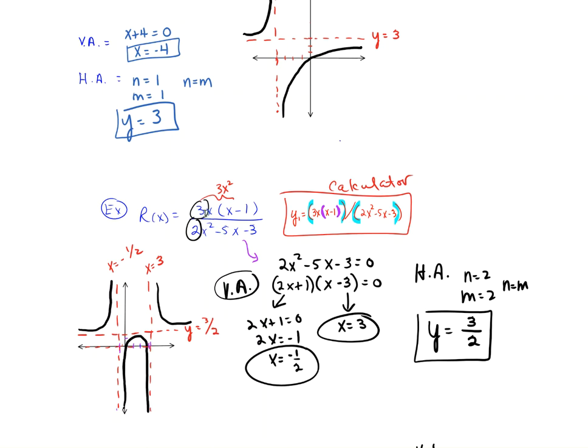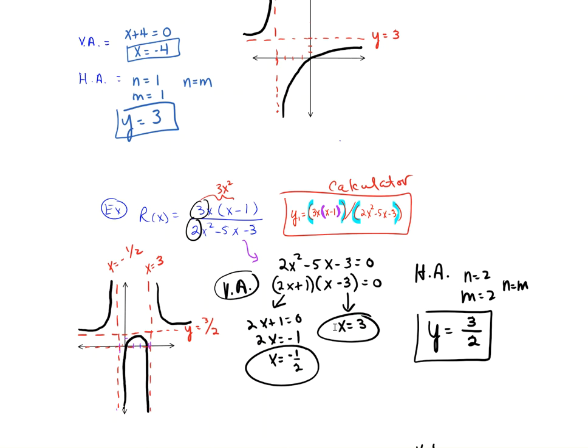This one is 3x times x minus 1 over 2x squared minus 5x minus 3. So we can take the denominator, set it equal to 0, factor that, and we get 2x plus 1 and x minus 3. This gives us x equals -1/2 and x equals 3.